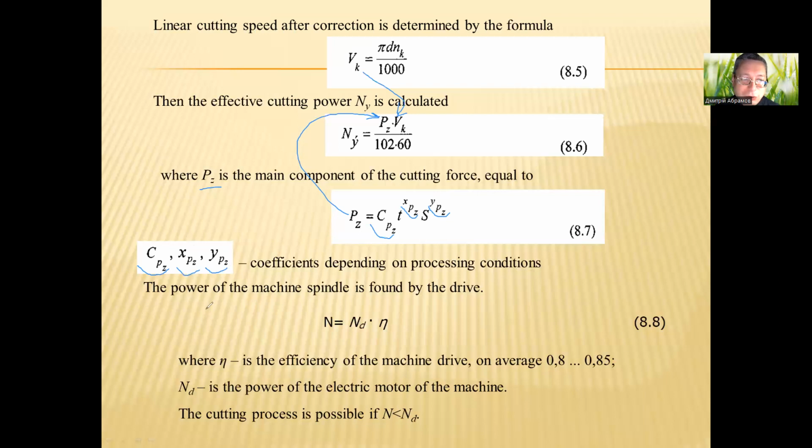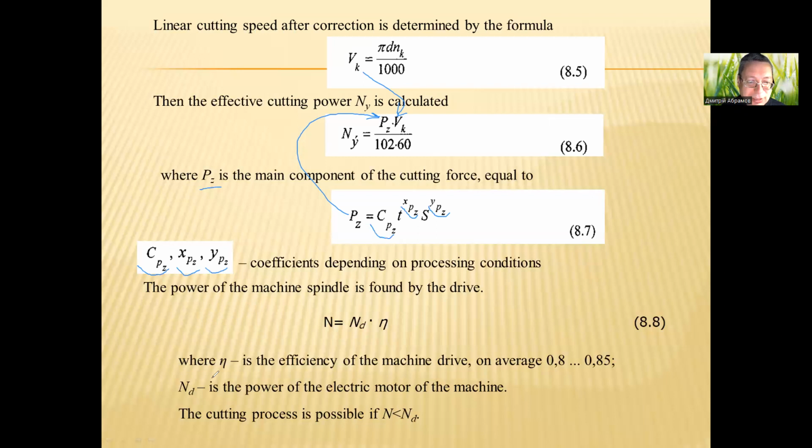The power of the machine spindle is found by the drive. N is equal to N suffix d multiplied by nu. Nu is the efficiency of the machine drive, on average from 0.8 to 0.85.